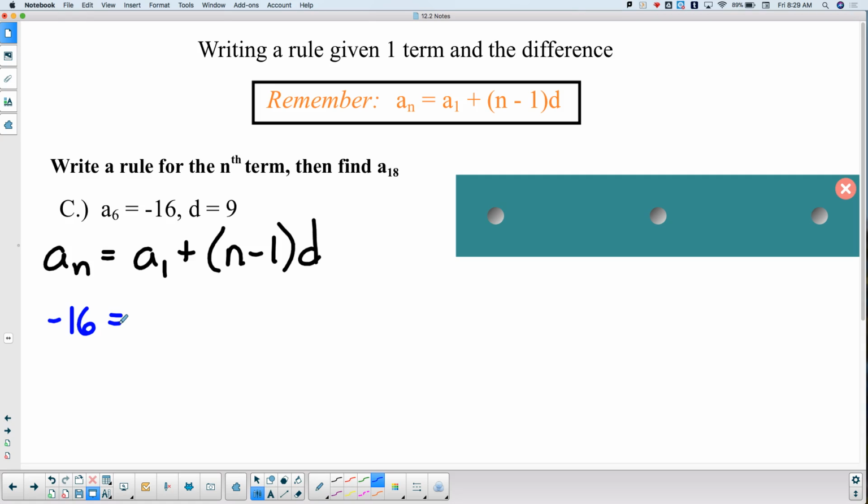Okay? I don't know my first term. I've got to find it. But I do know that negative 16 is the 6th term in the sequence. And I do know that 9 is the common difference.